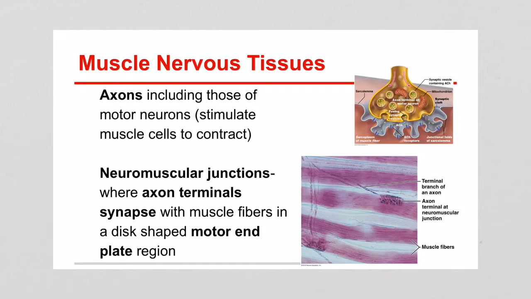Acetylcholine is the neurotransmitter for skeletal muscle, and the acetylcholine is going to bind to the receptor over here. And if a sufficient amount of acetylcholine binds to the motor end plate, to the receptors along the motor end plate, an action potential will be sent down that sarcolemma.